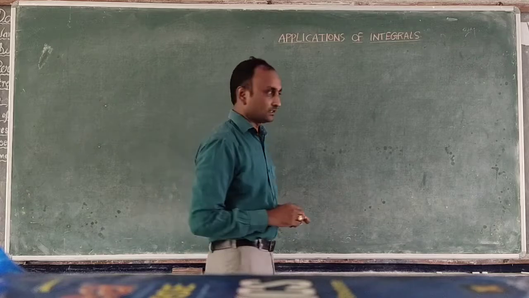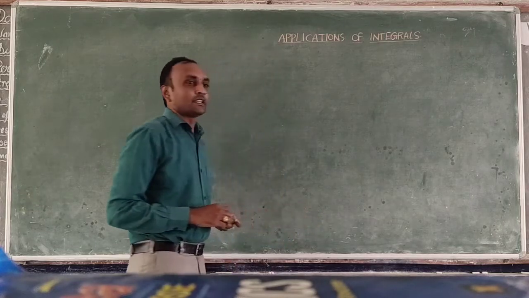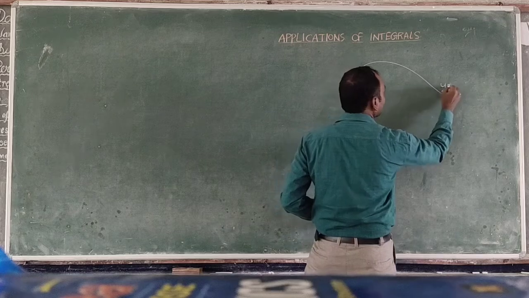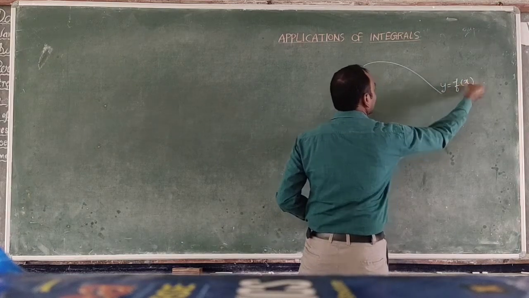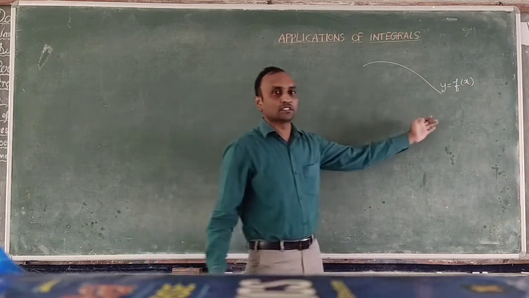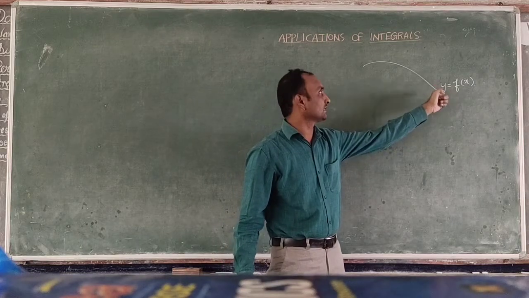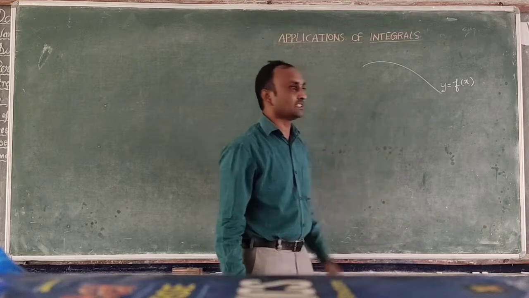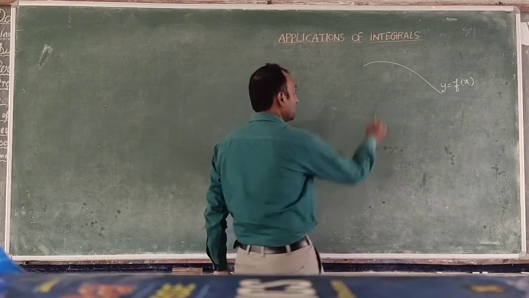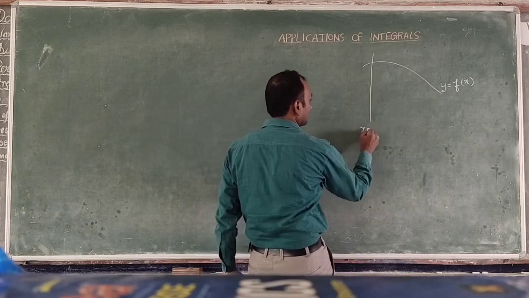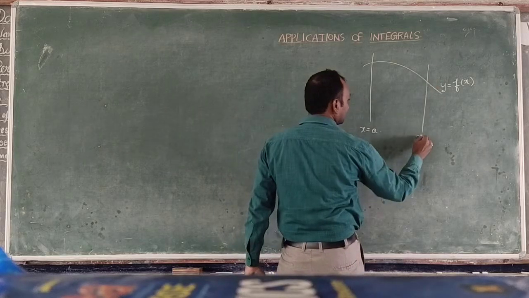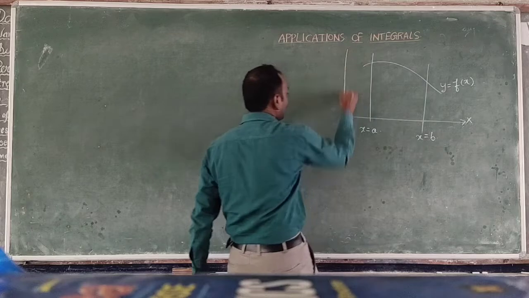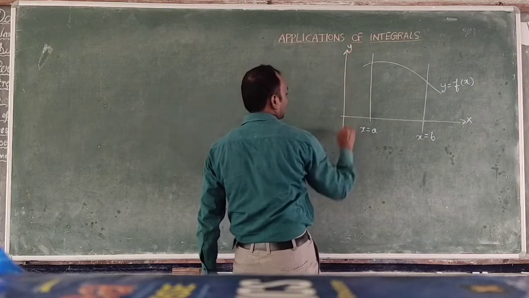So the concept is to find the area bounded by a curve y is equal to f of x. This is a certain curve which represents y in terms of x. We are going to find the area bounded by this curve between the limits x is equal to a and x is equal to b, and the x-axis.